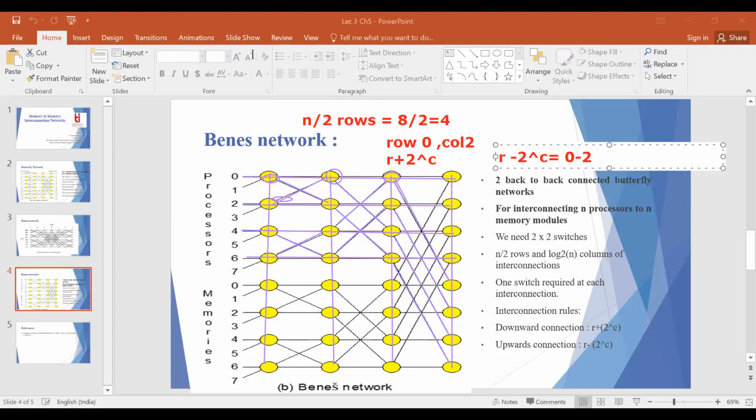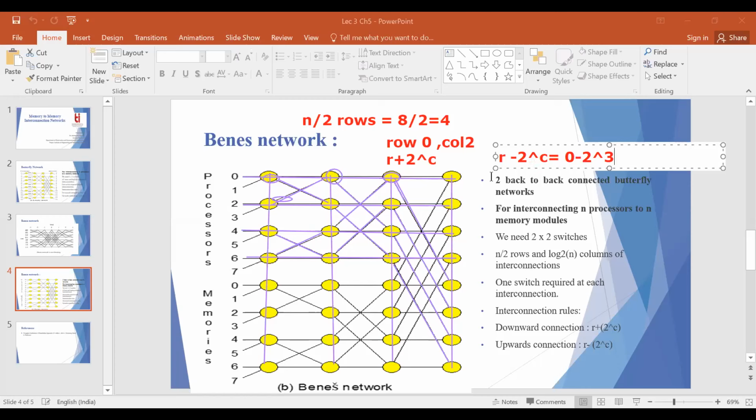All right. Yes. So it is row 0 minus 2 raised to the power. What is the column number? It is 3. Are you getting this? Yes, ma'am.